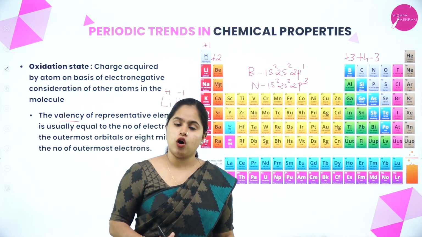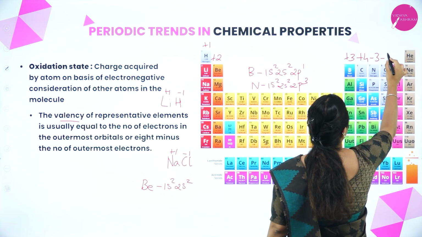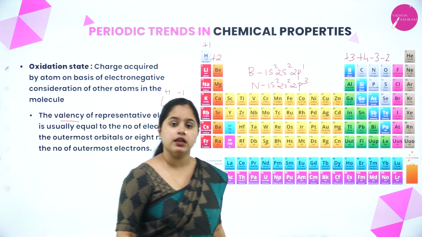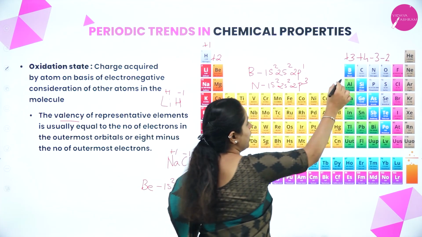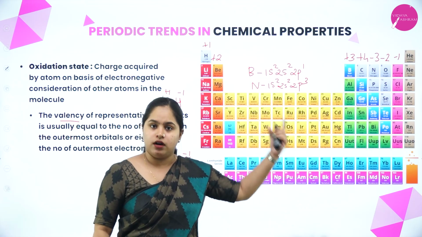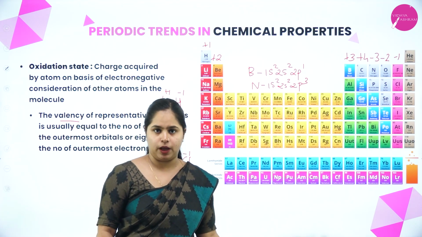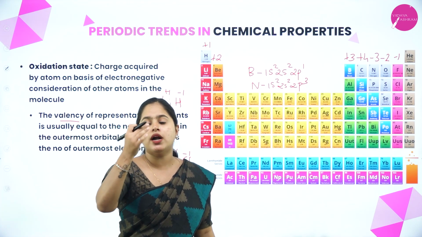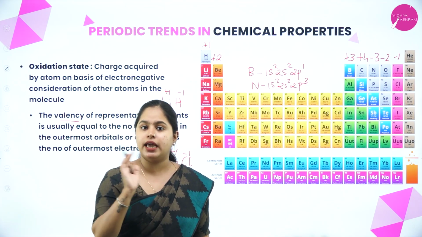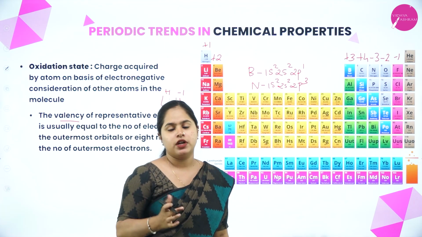Now, coming on to the oxygen family, what will be the oxidation state? It will be easy for them to gain 2 electrons, so it will be -2. And coming to fluorine, the halogen family: fluorine, chlorine, bromine, iodine. Only 1 electron is required so that they attain their stability, hence the oxidation state will be -1.